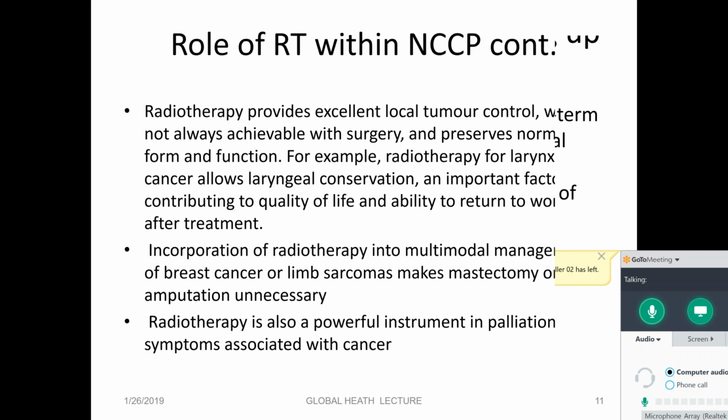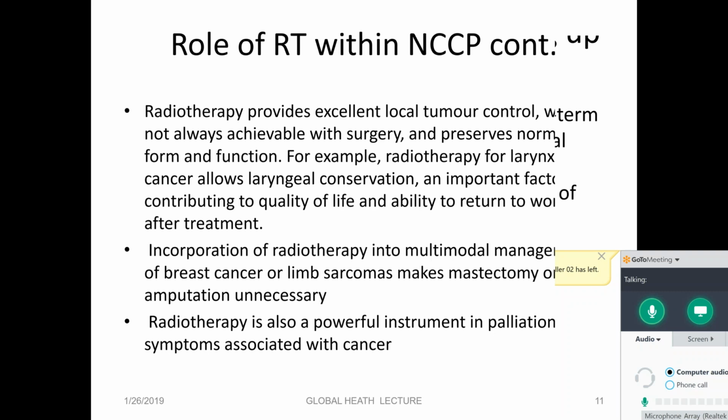The rest do not have any radiotherapy programs in place. And even in those 23 countries, South Africa and Egypt account for 60% of all the radiotherapy machines. So you find that other countries have very little, one machine or at most two machines.